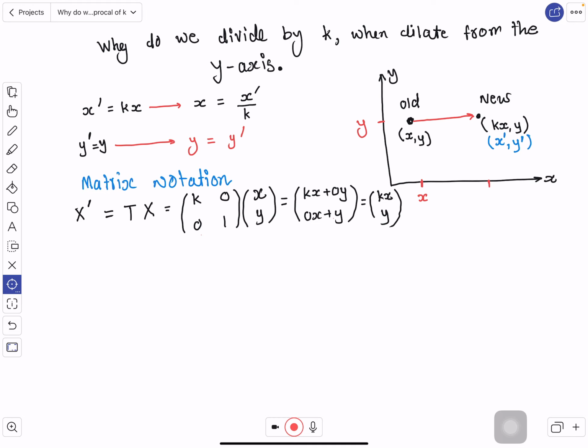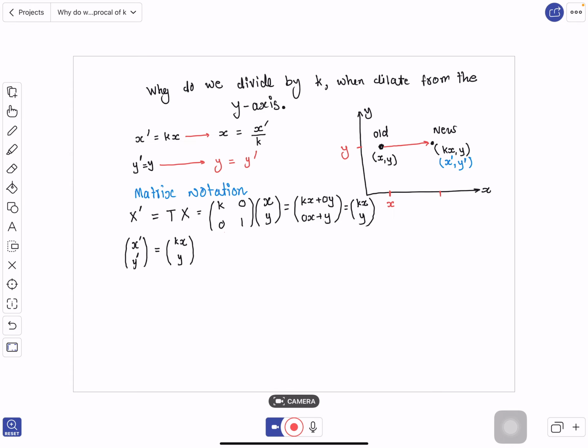We can write the big x dash is the same as little x dash, little y dash, which equals kx and y.